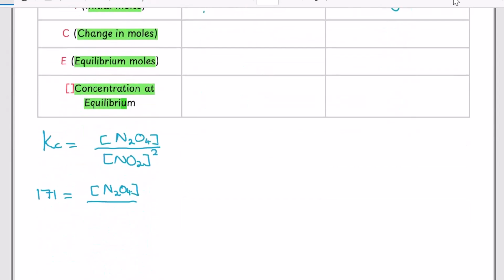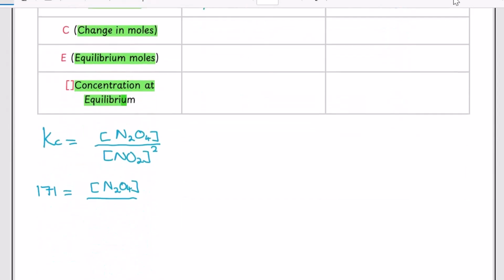So our concentration is 0.2. Take note, when writing the concentration here I'm no longer using square brackets because we have a number. Then we square that. After this, we make the concentration of N2O4 the subject of the formula. This is the same as 171 multiplied by 0.2 squared. If I do my math, I get a value of 6.84.